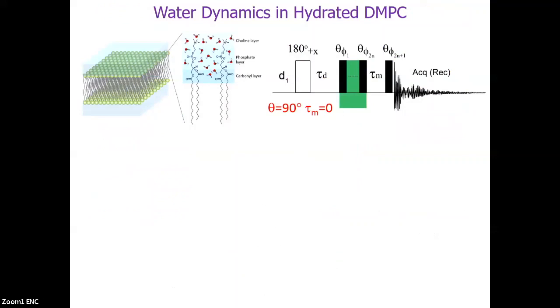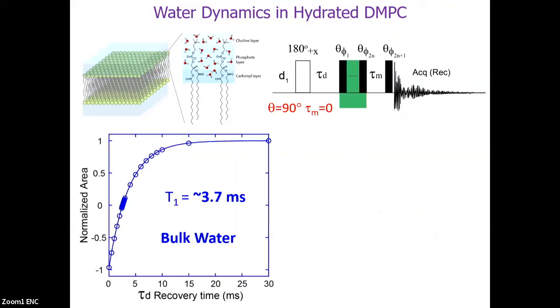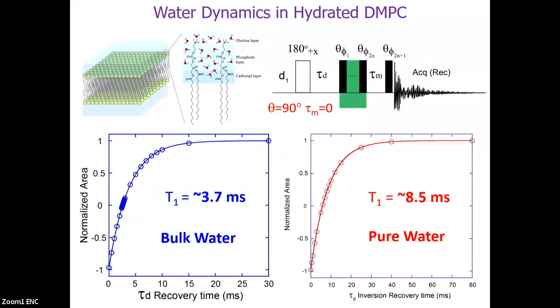So now we can go to the lipid membrane system, the hydrated lipid bilayer. We first measure the T1 relaxation time of the bulk water, and we got a value of 3.7 milliseconds. You usually refer to bulk water as pure water-like, so we measured the pure water relaxation time as well, without lipids.